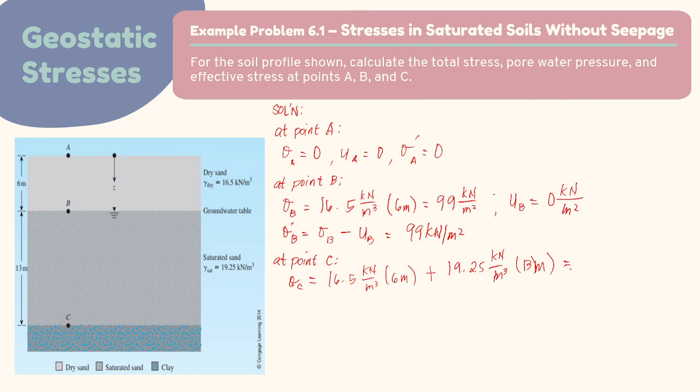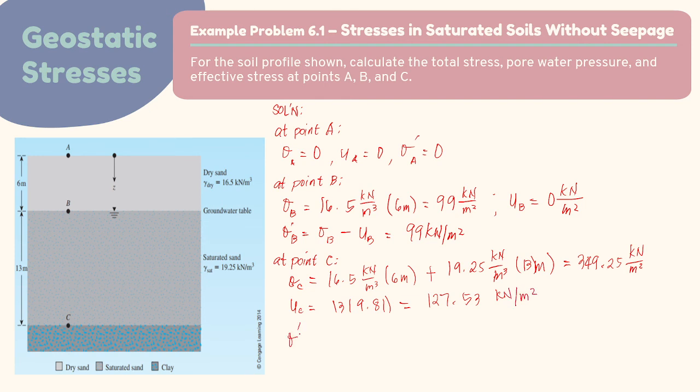So this is equal to 349.25 kilonewton per square meter. The pore water pressure at C is simply equal to 13 meters times 9.81 kilonewton per cubic meter. So this is equal to 127.53 kilonewton per square meter.